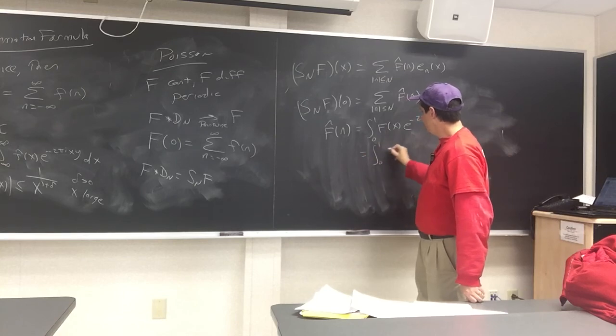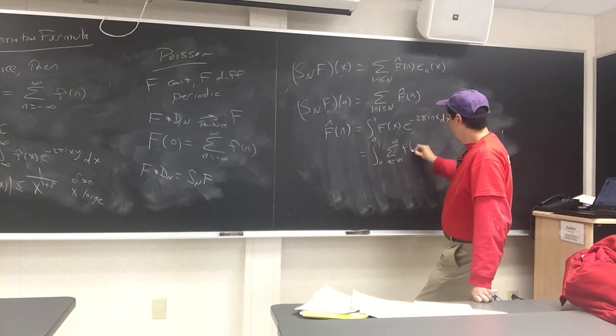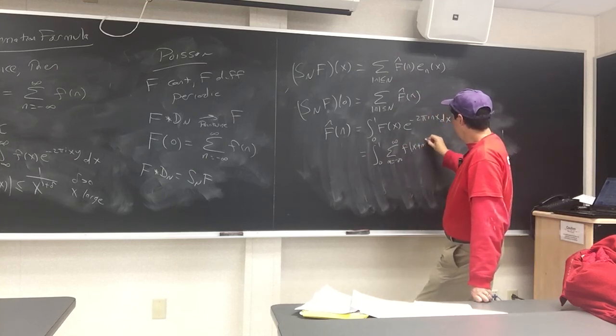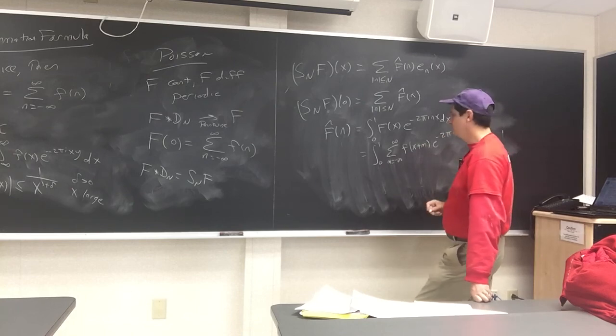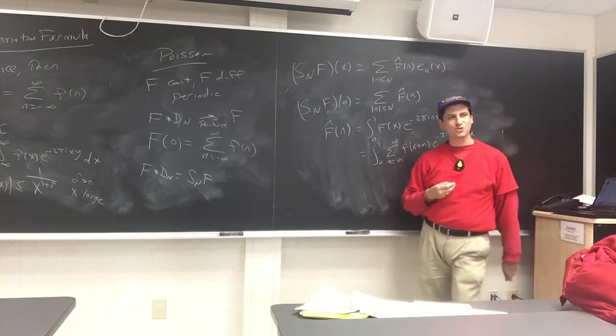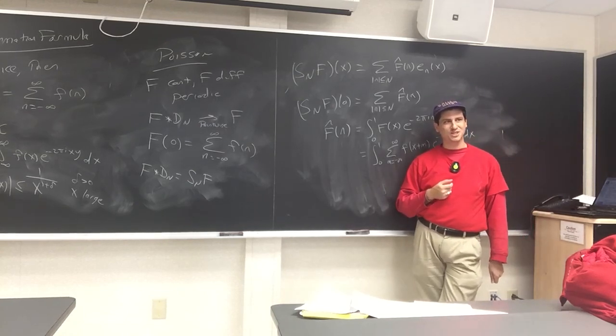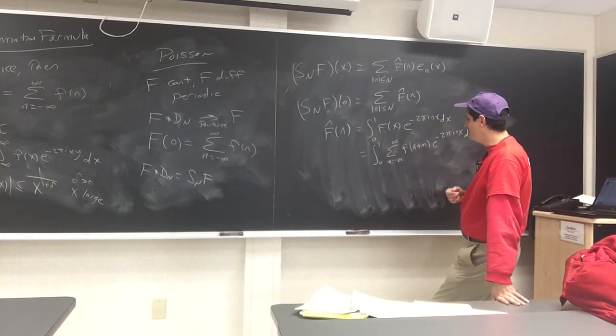It's the integral from 0 to 1 of the sum, I'll use a different letter, m goes from minus infinity to infinity, of f of x plus m e to the negative 2 pi i n x dx. What do we want to do now? Switch sums. Fortunately, we saw a video earlier today about switching sums and integrals. We don't have time. It's going to be down to the wire.